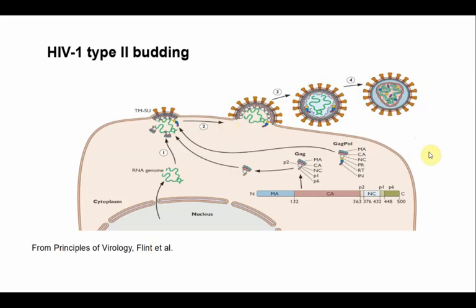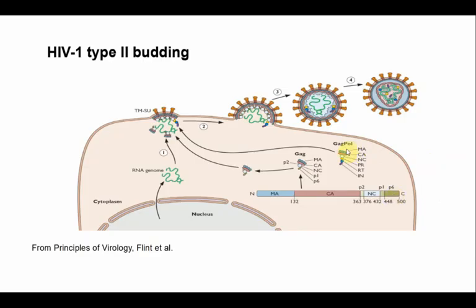Now, one of the things that people noticed when they compared the sequences of the GAG and the GAG-POL proteins was that in GAG you've got matrix, capsid, nucleocapsid, and then this weird thing called P6.